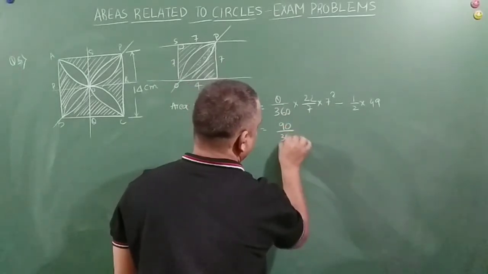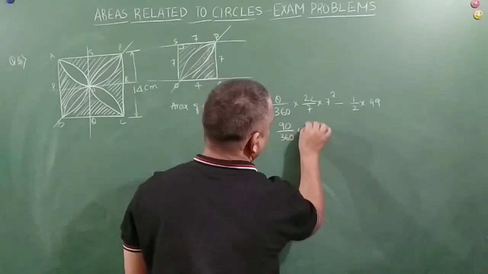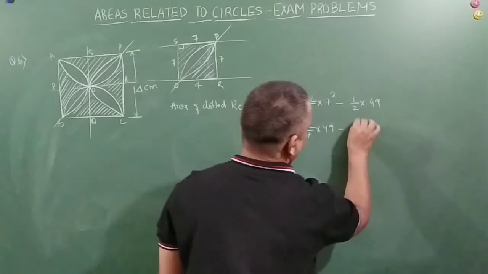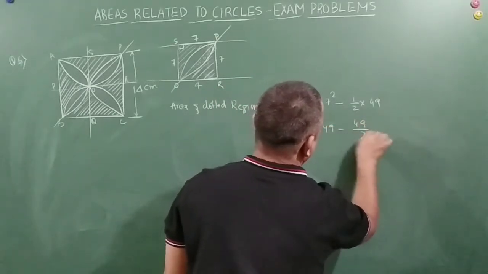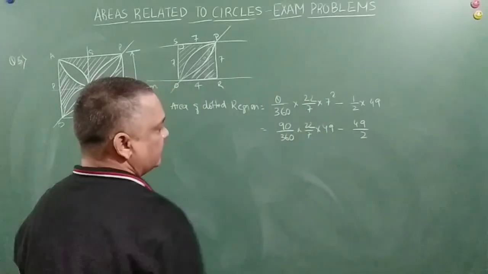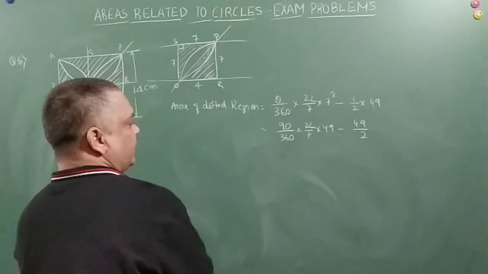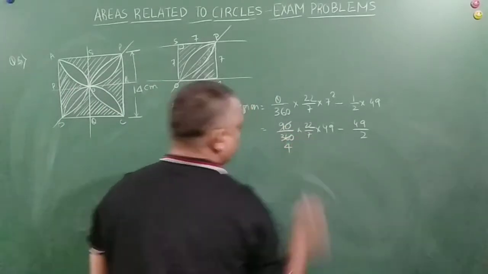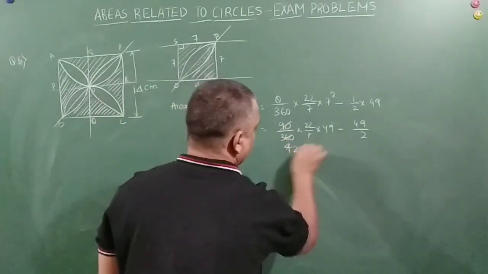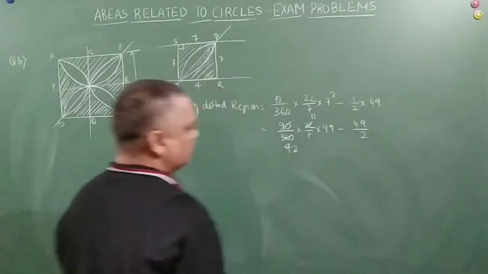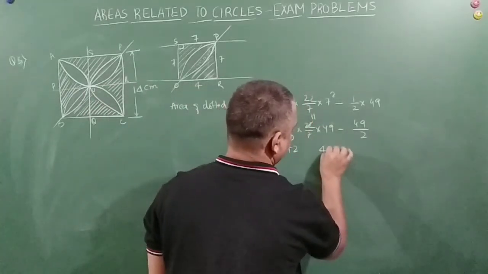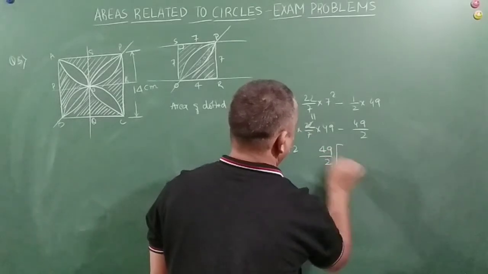90. The moment you simplify, friends, you are done with it. Don't worry. 49 by 2. Right. So what we can do here is take 49 by 2 common from both sides.